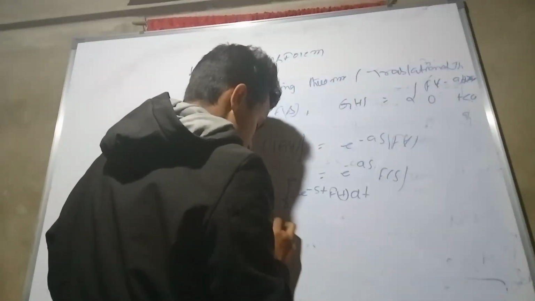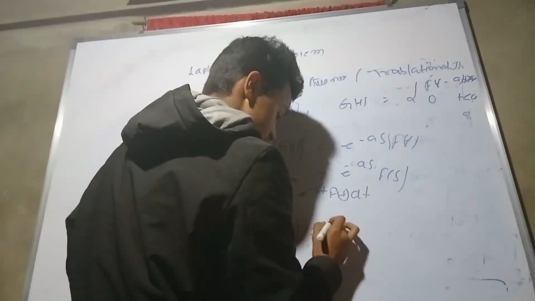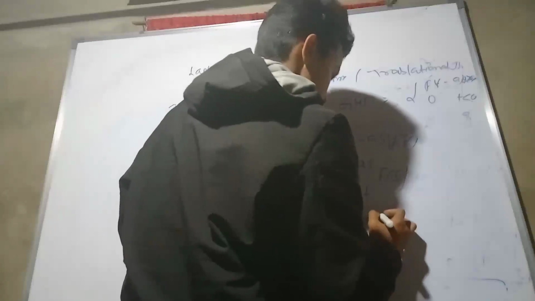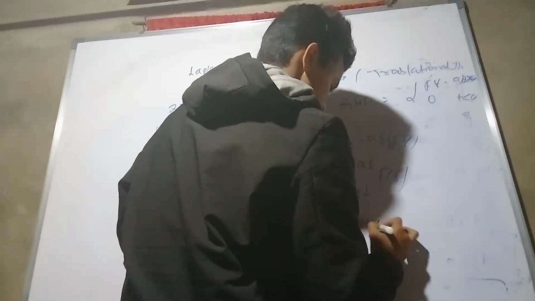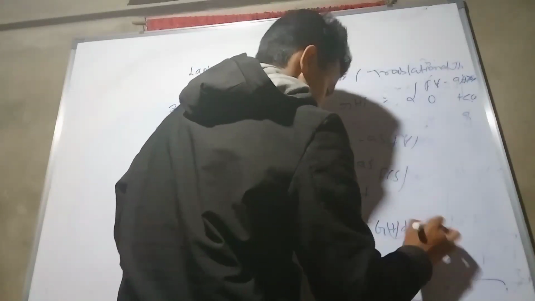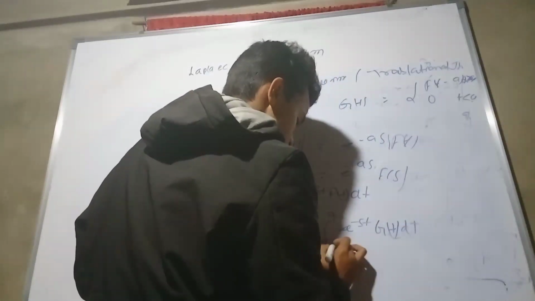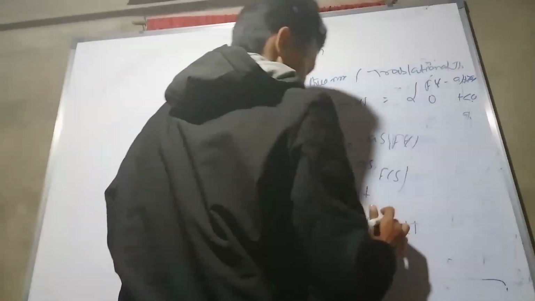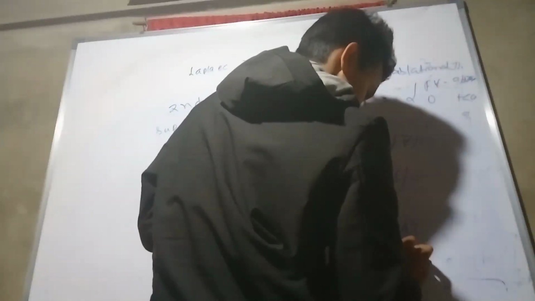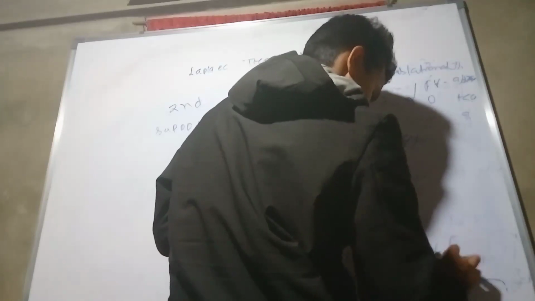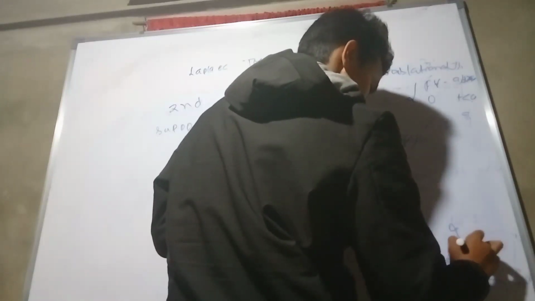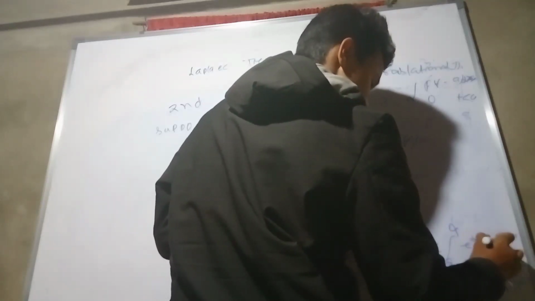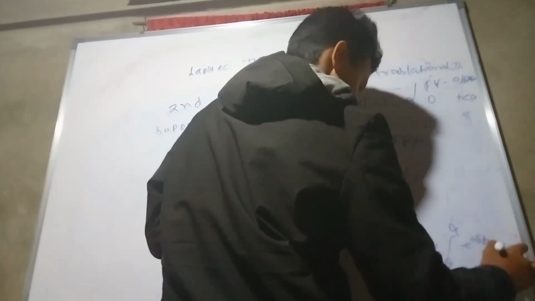Now we have to find the Laplace transform of g of t, equal to the integral from 0 to infinity of e to the power minus s t times g of t dt. We can expand it as the integral from 0 to a of e to the power minus s t g of t dt, plus the integral from a to infinity of e to the power minus s t g of t dt.